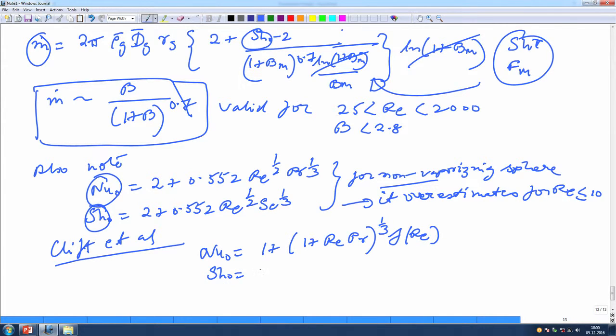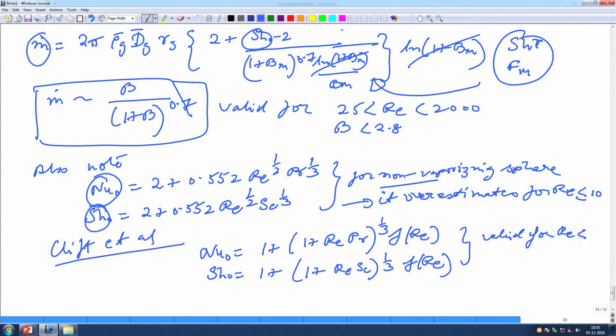So, 1 plus (Reynolds number times Schmidt number) to the power of 1/3 times F(Reynolds number). This is valid for Reynolds number less than or equal to 400, up to that limit it is actually valid.